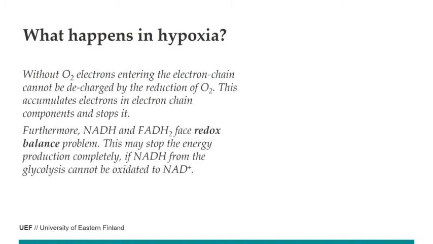At the same time, because there's no one taking the protons away from NADH or FADH2, there is a redox balance problem. And this may stop the energy production completely if NADH from the glycolysis cannot be oxidized.